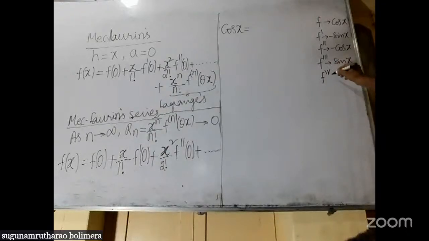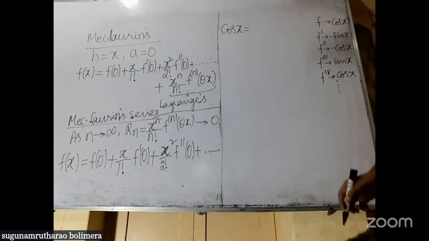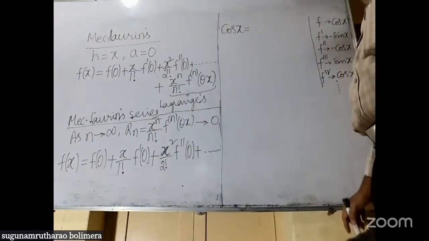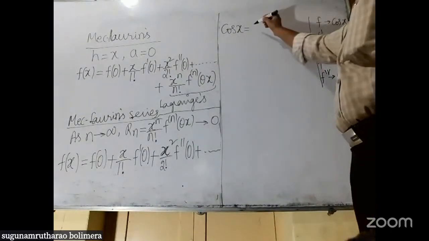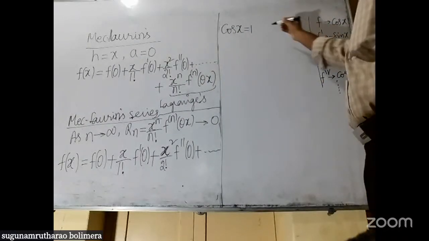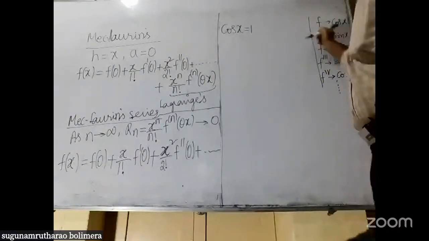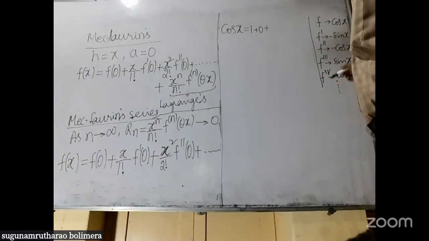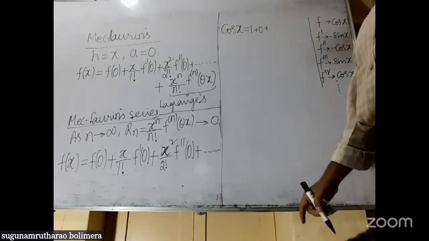Fourth derivative of f is cos x and so on. If you keep on writing the function value at zero, f of 0 is nothing but 1 and next minus, so this is plus 0, plus f double dash is minus 1.